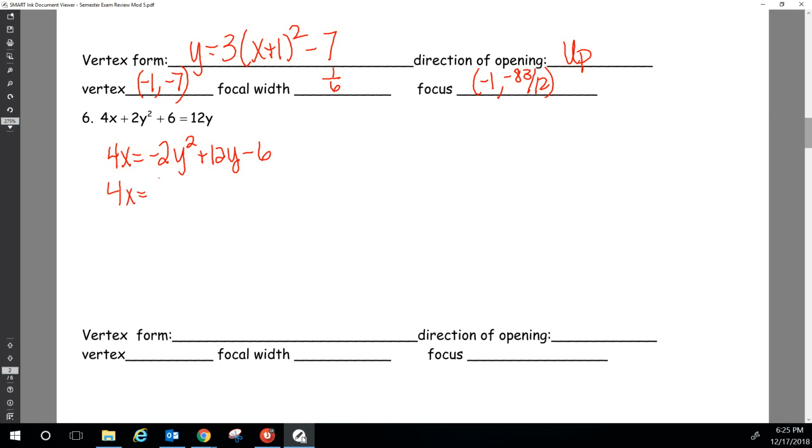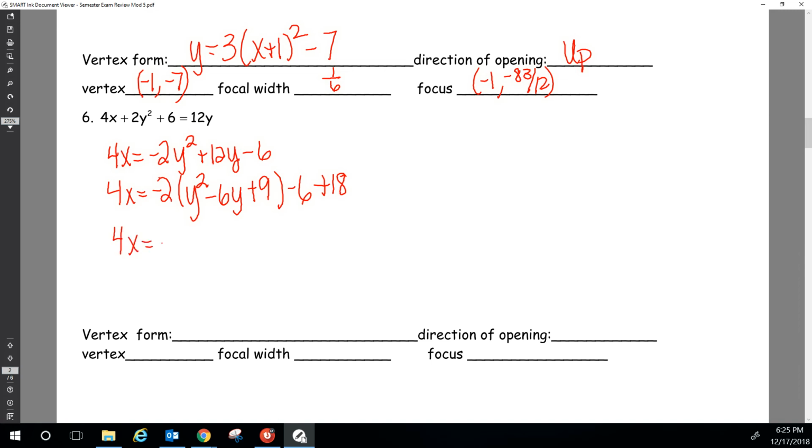In order to do that, I'm going to pull out the -2, which leaves me with y squared and then -6y. All right, completing the square, take that middle term. -6 divided by 2 is -3. -3 squared is 9. But I'm not adding 9, I'm adding 9 times -2, which is -18. So I'm going to add positive 18 on the outside.